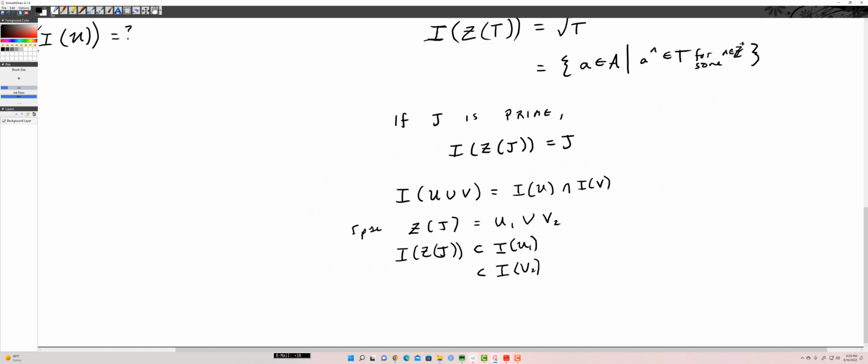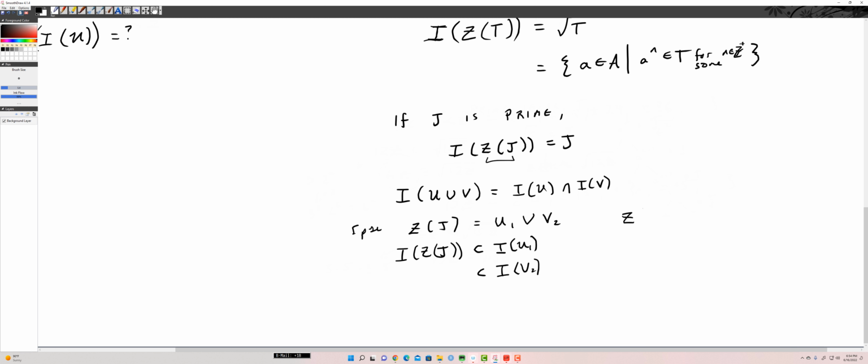I don't know why I picked different letters for this, but whatever, that's okay. Could have said u2. Anyway, the point is, this would be smaller, right? This would be a smaller thing than I could get from just one piece, which gives you this intuition that maybe there's something special about z of j, and it turns out there actually is.